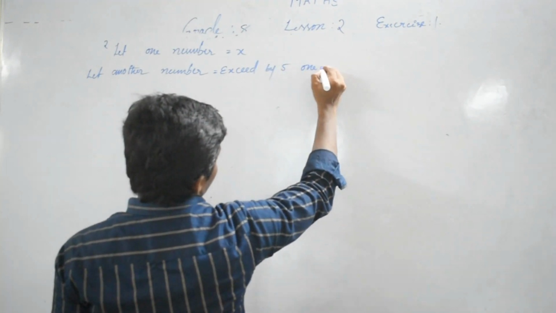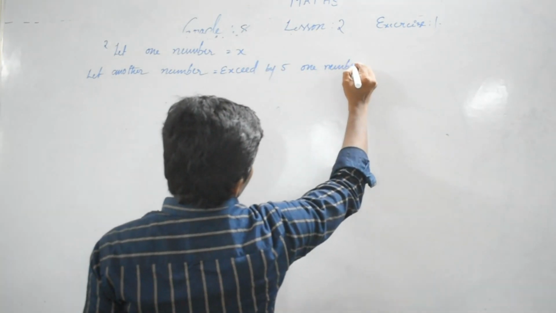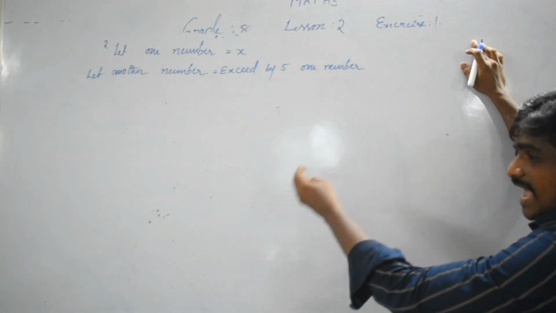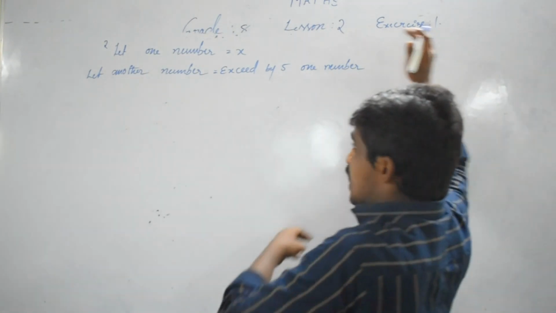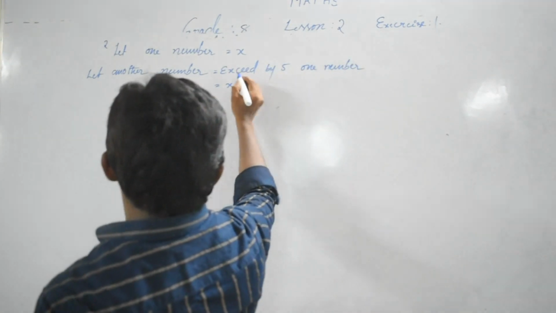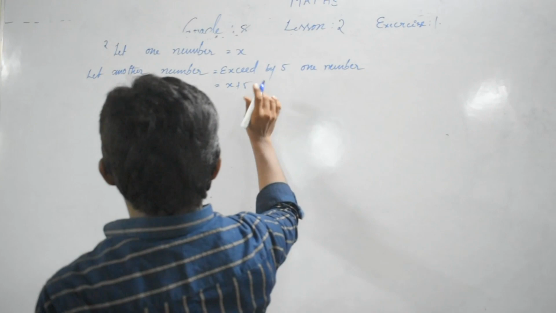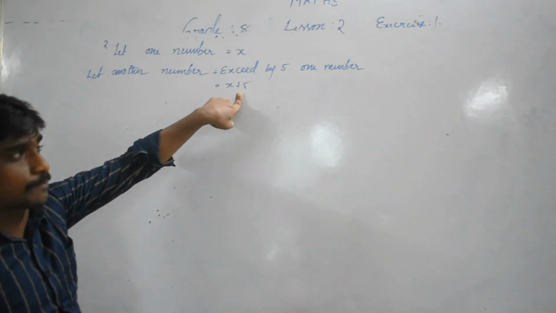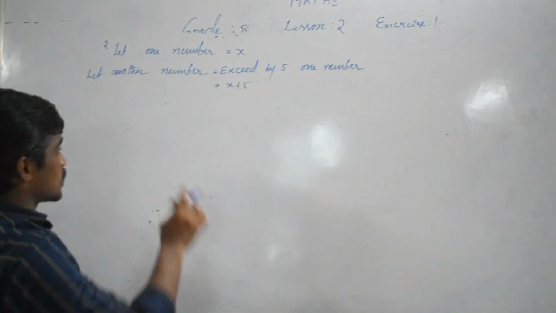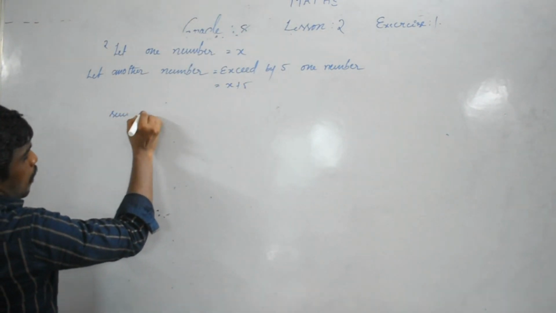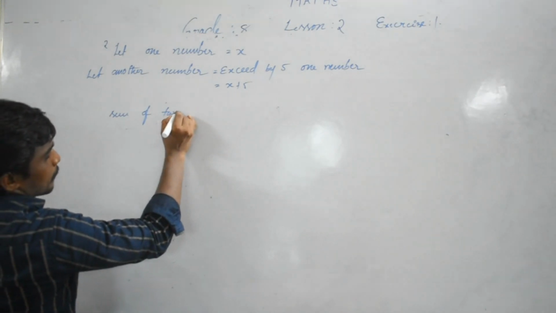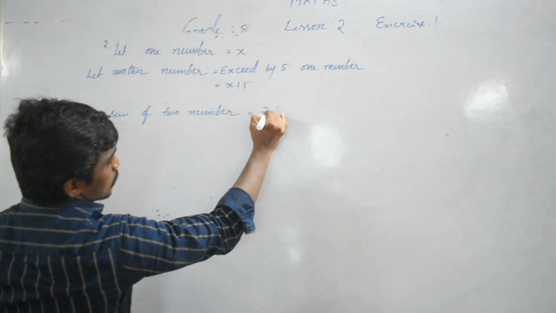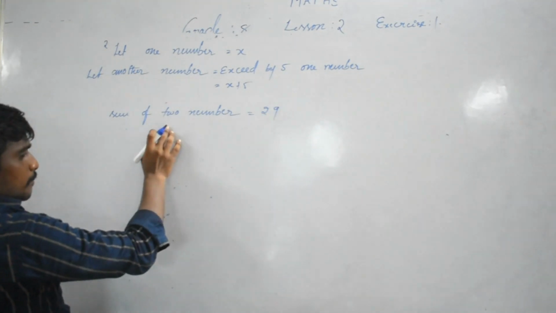If one number is x, exceeding by 5 gives x plus 5. So one number is x, another number is x plus 5. We add these two numbers, and the sum of the two numbers is 29.